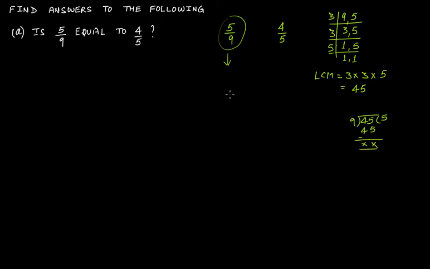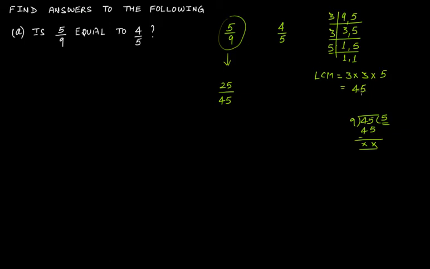So in order for the equivalent fraction to have a denominator of 45, we have to multiply both the denominator and the numerator by this quotient, that is the number 5. So if I multiply 5 with 5, I'll get 25. If I multiply 9 with 5, you will surely get 45, and that was our purpose.